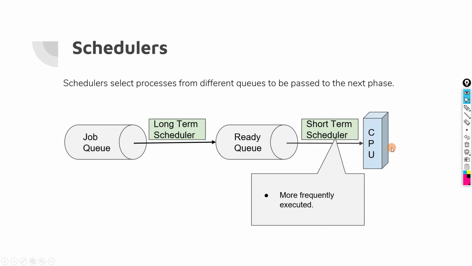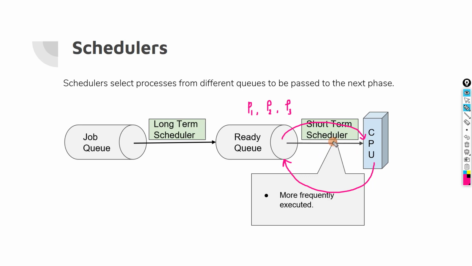So in this way the process moves from the ready queue to the CPU and from the CPU to the ready queue. Say for example P1, P2, P3 are in the ready queue, and these processes go to the CPU and come out of the CPU, again go to the CPU and again come out.